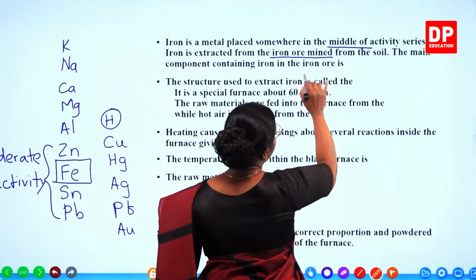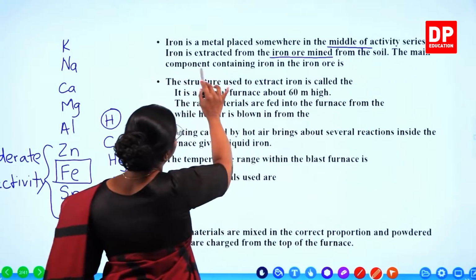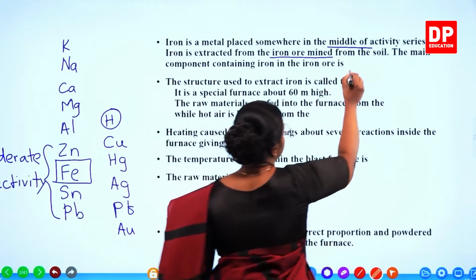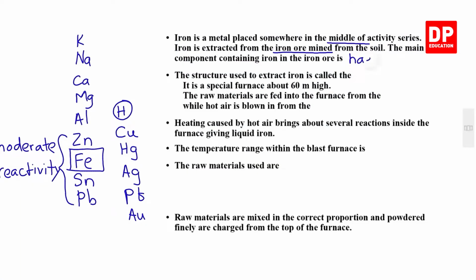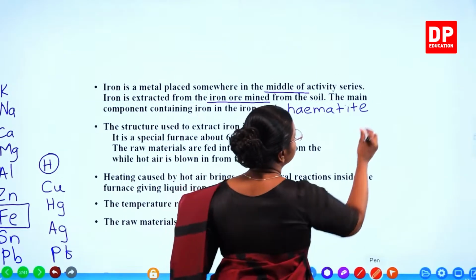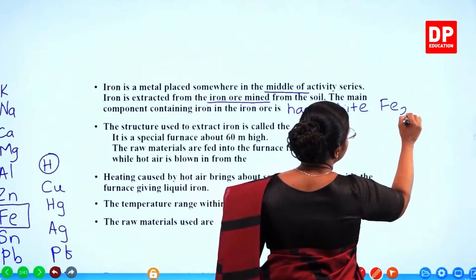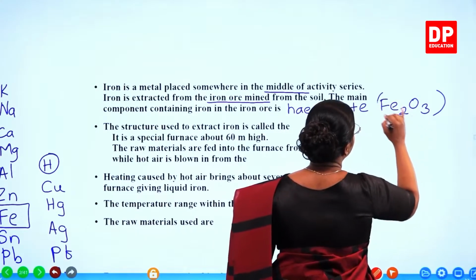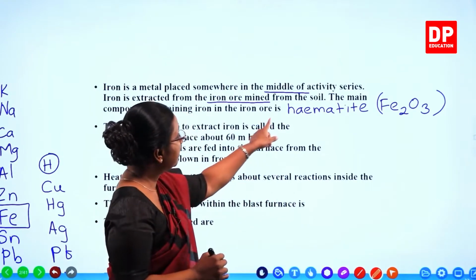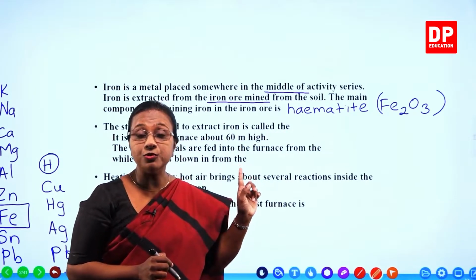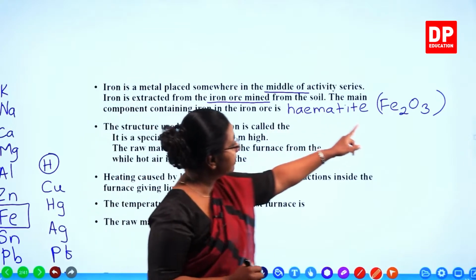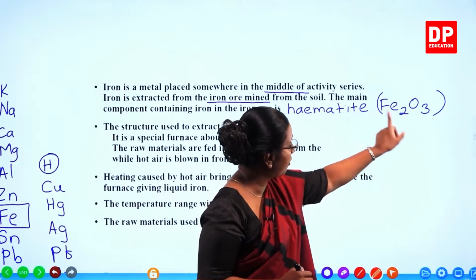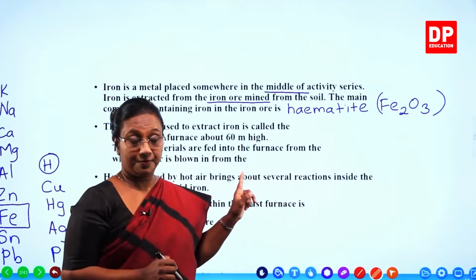So if we write that, here you can see the main component containing iron in the ore is hematite. And this has the chemical formula Fe2O3. You have to remember these, students. Hematite is the iron ore that is commonly used to extract iron, and that has the chemical formula Fe2O3.